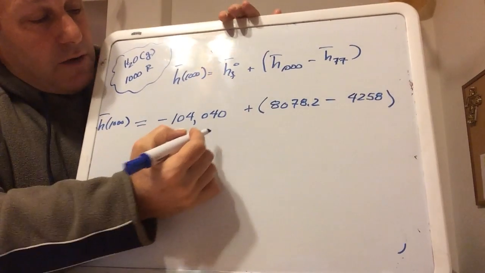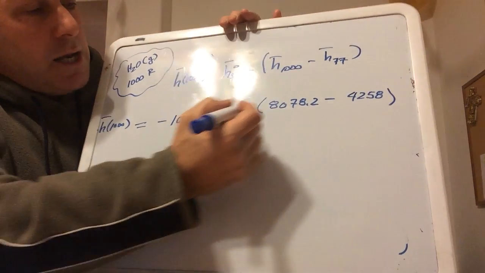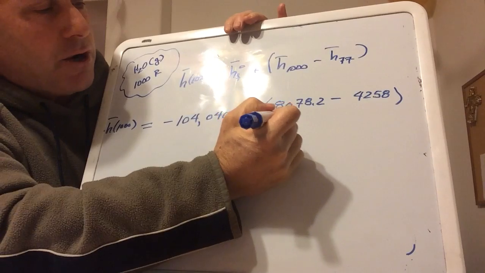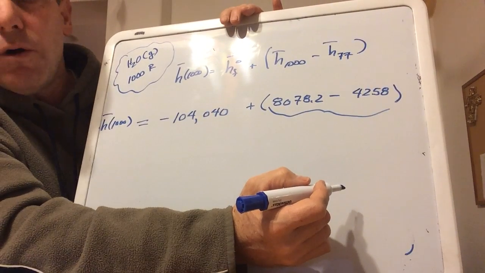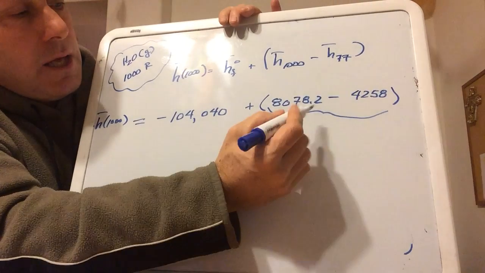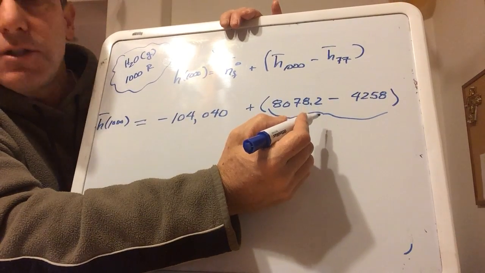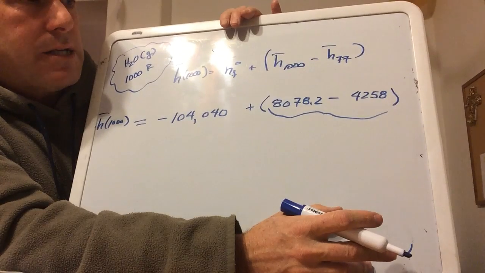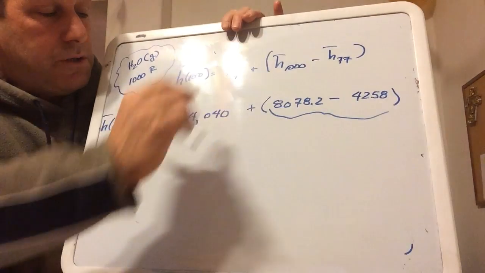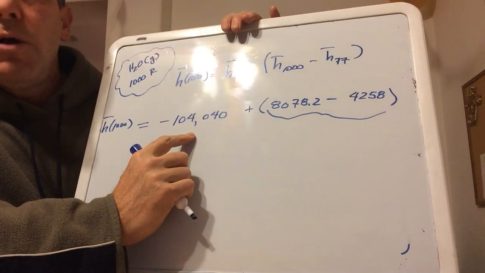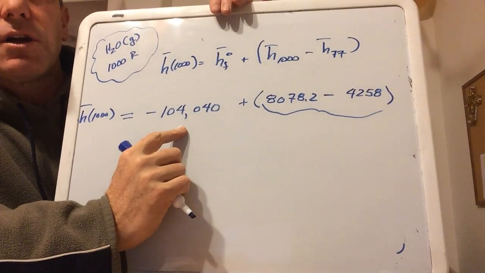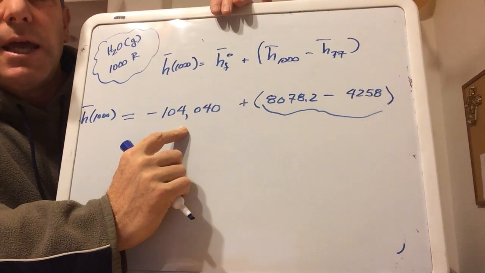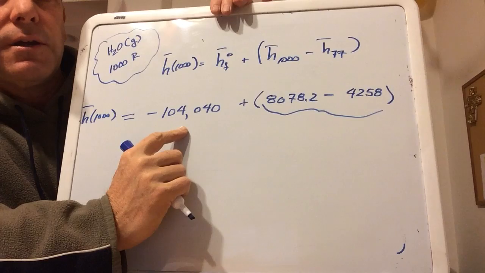Before we were using negative 104,040. Now it's going to be higher by this amount because it's above 77 degrees Fahrenheit, or above 537 Rankine, and that will be a positive add-on. So once again with water, on the right side of a combustion reaction where we used to have negative 104,040, we won't have as low a number, and therefore we're going to get less energy out of our combustion, which is something we need to take account of if we're going to be realistic.